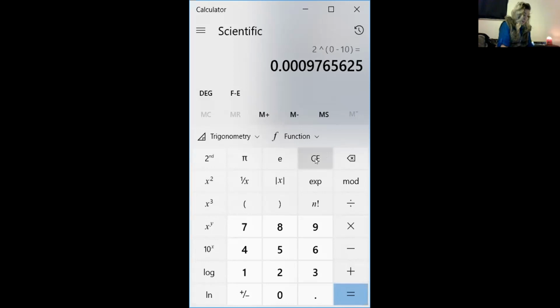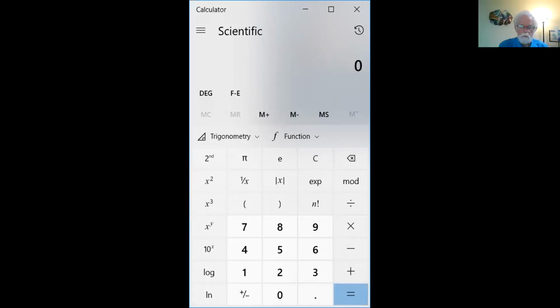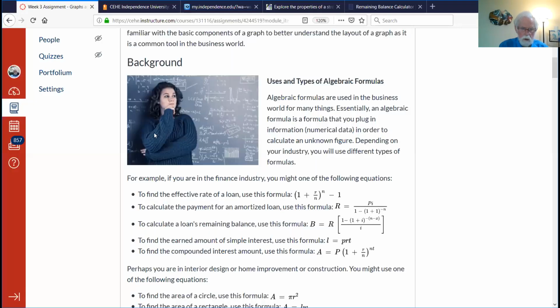Yeah. All right. So let's go back to here. Now we're back in the assignment. Payment for an amortized loan. Amortizing is just payment over time, and there are lots of ways of doing that.